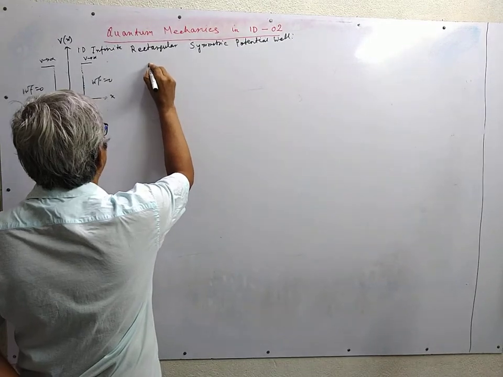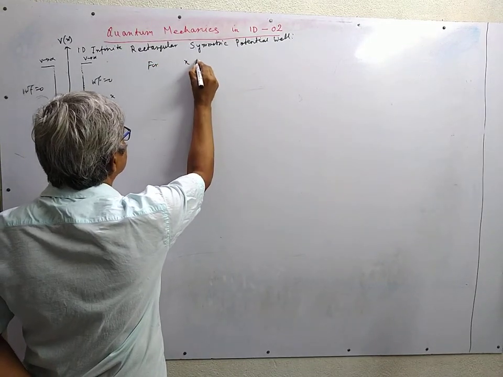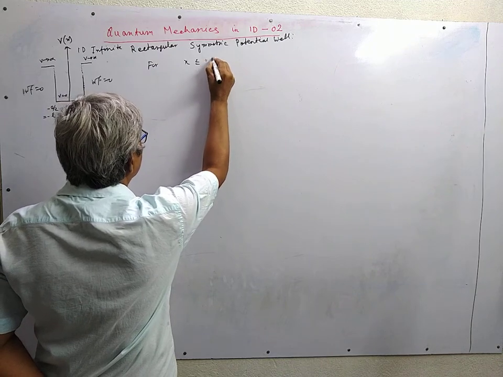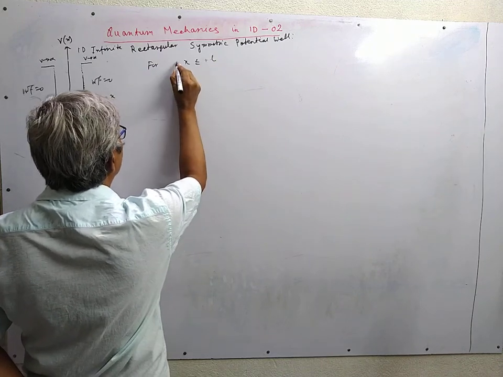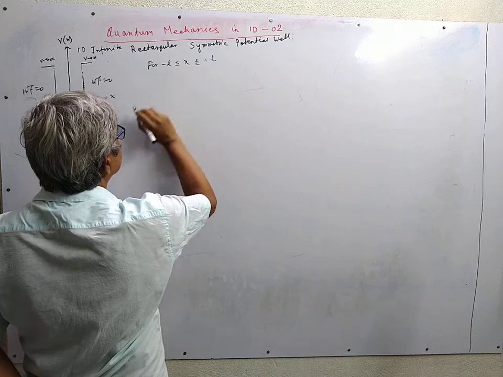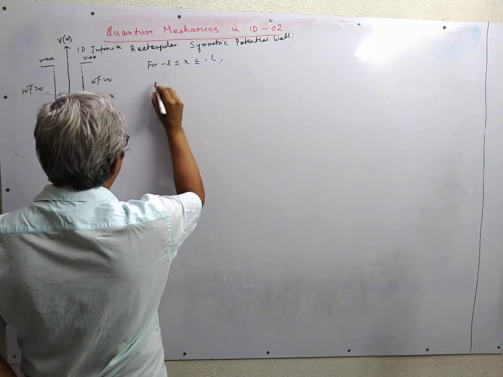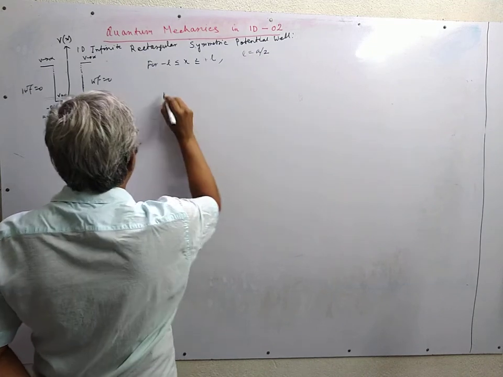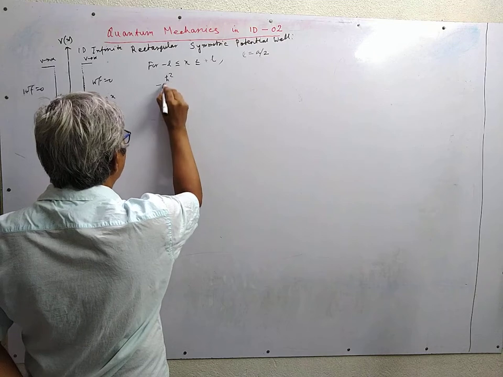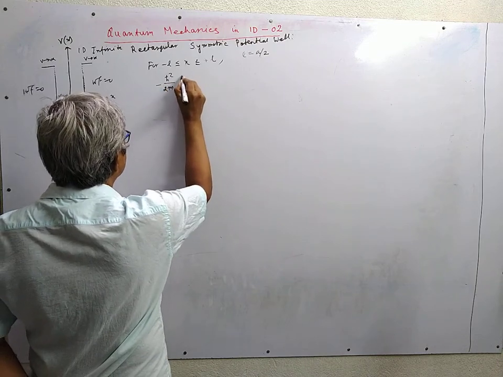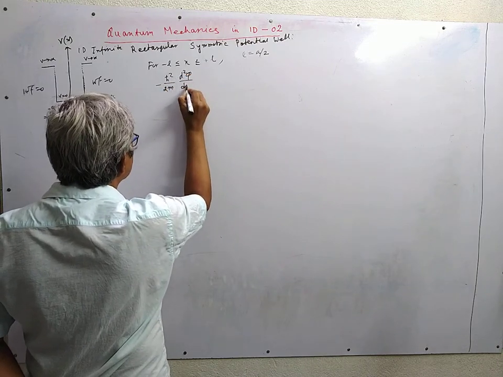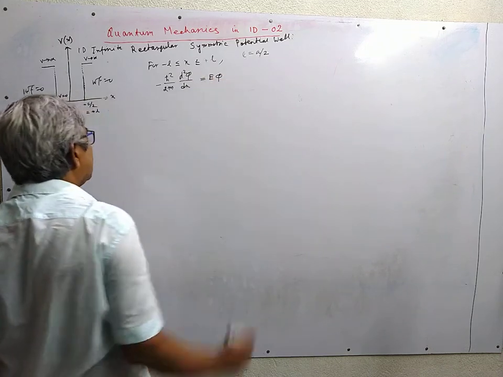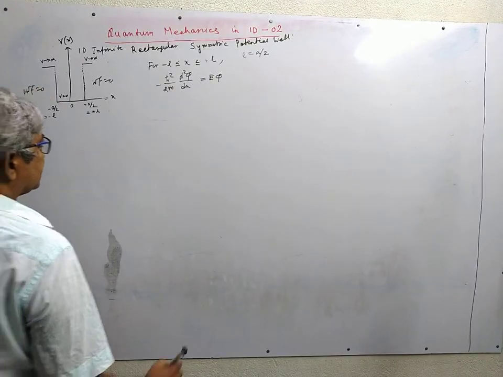So for x less than or equal to plus L, instead of A by 2 I write L, with L equal to A by 2, we have minus h-bar squared by twice m d2 psi dx2 is equal to E psi, which is the time independent Schrodinger equation.